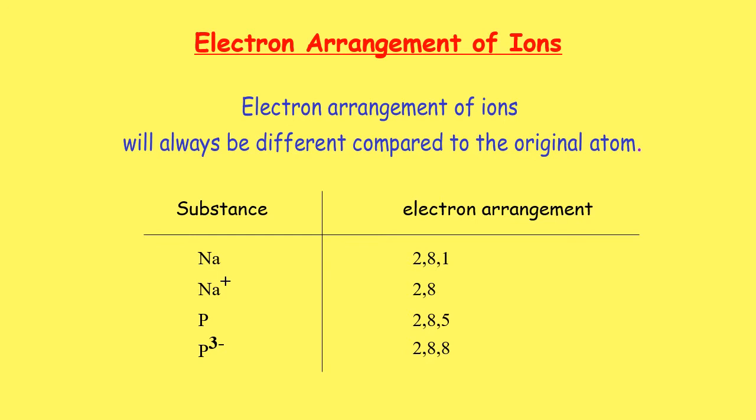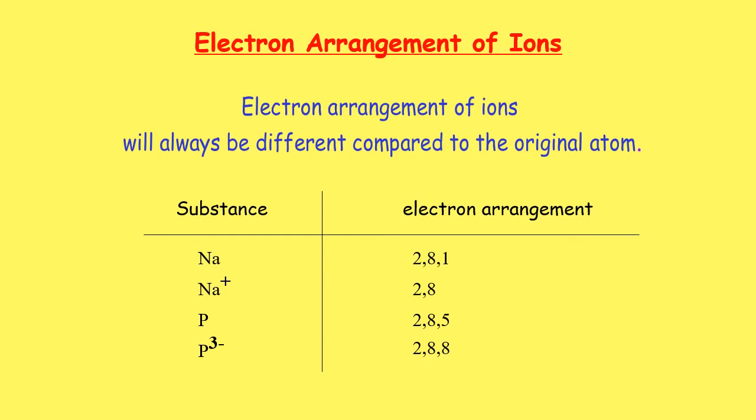And if you have the data booklet, page 6, handy, if you look at the electron arrangements of group 0, the noble gases, you will see that when sodium formed a sodium ion, it now has an electron arrangement that matches neon. And phosphorus, when it's formed a phosphorus ion, it has an electron arrangement that matches argon.